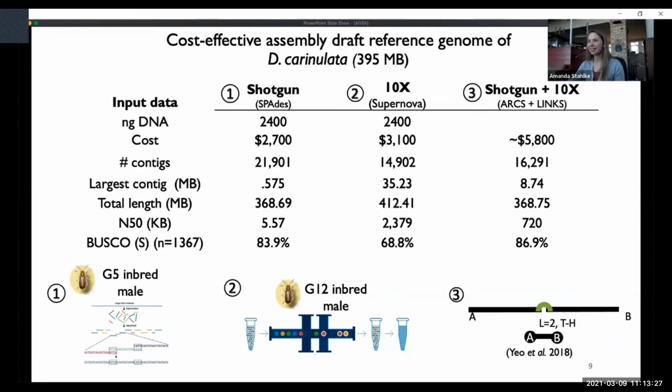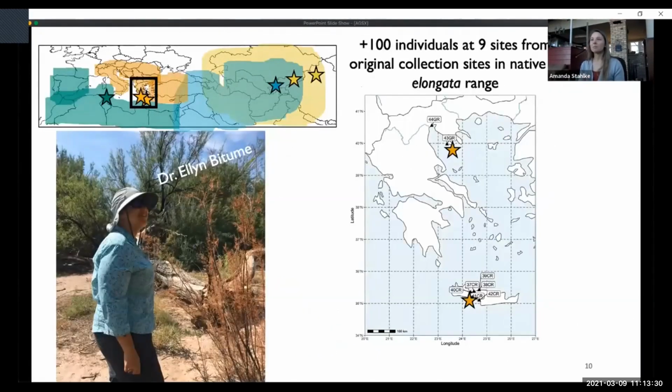The next thing we needed were representative parental populations of the introduced biocontrol agents. So this project is co-led with Dr. Ellen Bitume, shown here. We got to go out to Greece to collect.